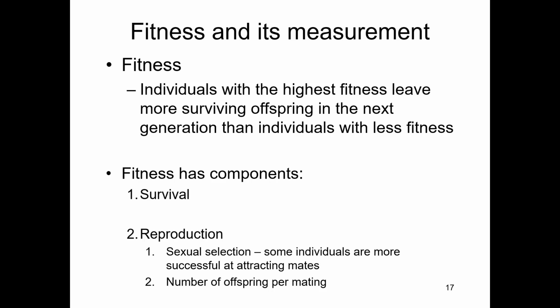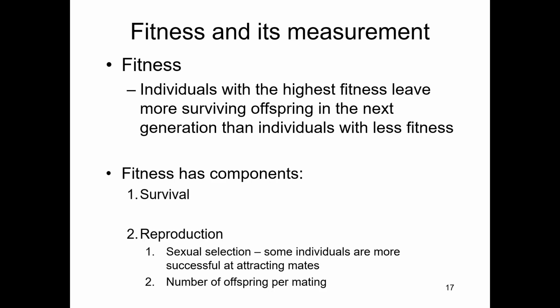So there's a lot of moving parts to this, but the most fit scenario would be an organism whose phenotype allows it to survive a long time, and it's able to attract a lot of mates and have a lot of babies every time. And so that would be the side of fitness that would be closest to 1.